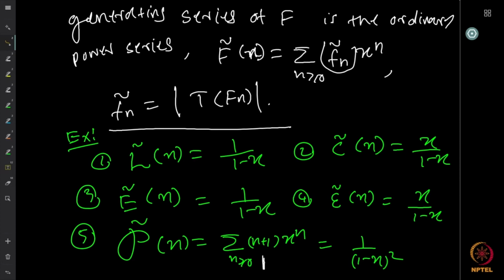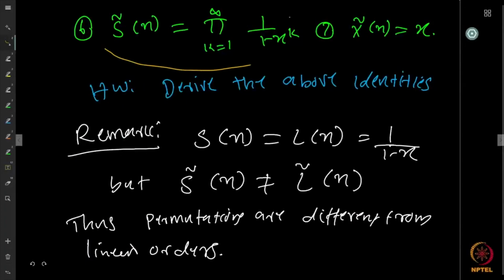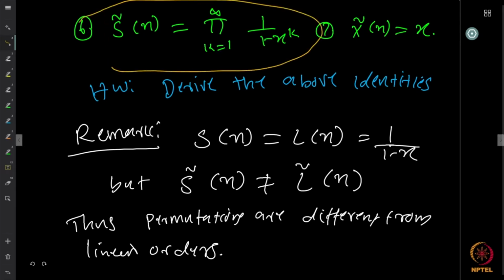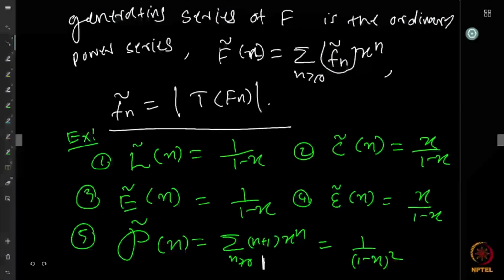Often there is a mistake, feeling that linear orders are the same as permutations. On the other hand, this tells you that when we look at the unlabeled structures, the isomorphism classes, we see that they are indeed different objects, because S tilde of x is actually very different from L tilde of x.